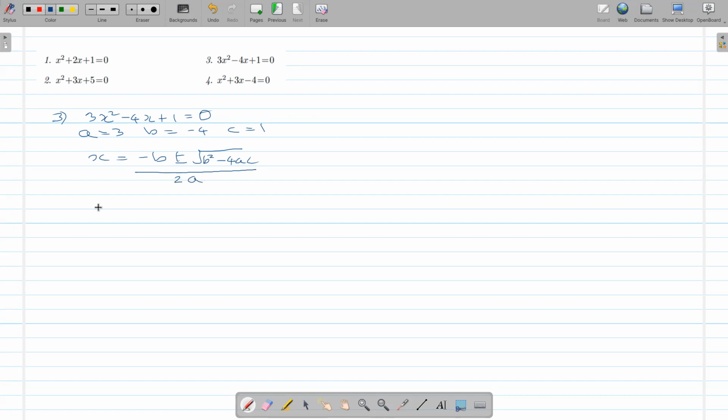Now minus B: it's two minuses here, minus 4. One from this formula, but also B is minus 4, no? So there you get two minuses.